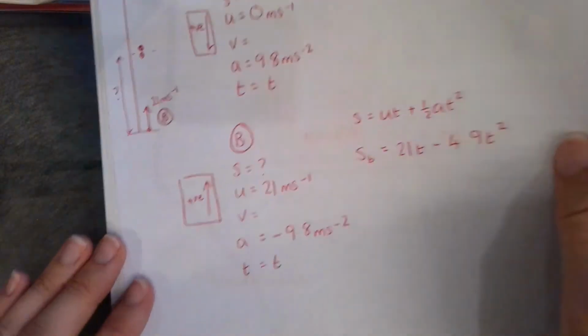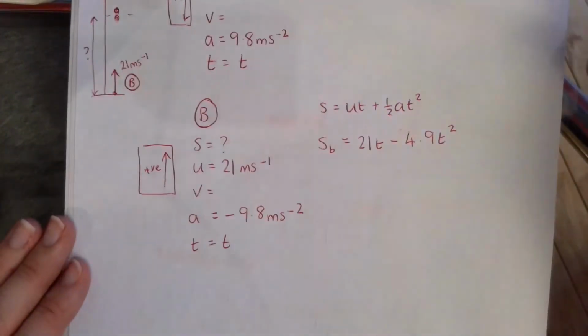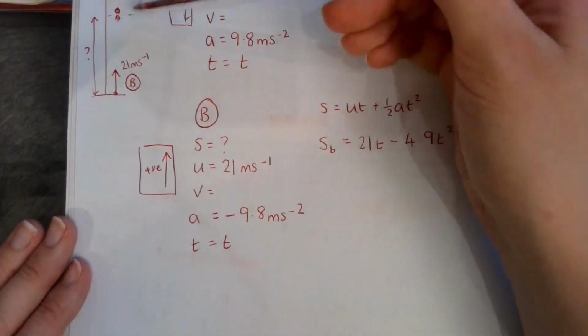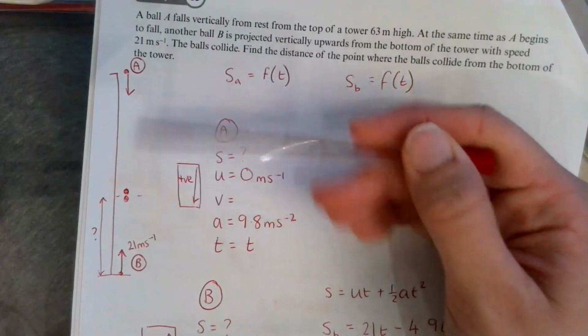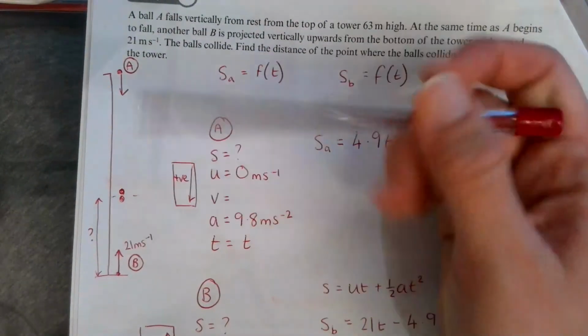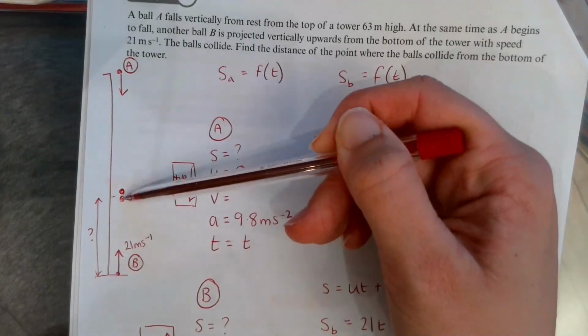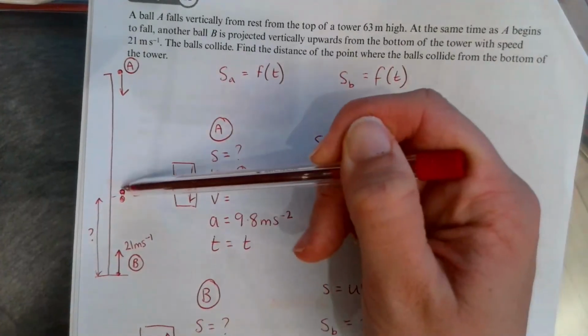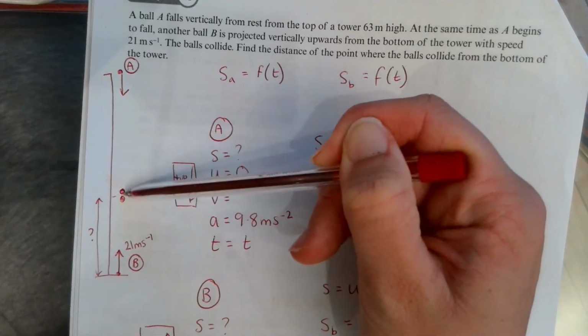What I want to know then is at what time is the displacement of A plus the displacement of B equal to 63. Because when the displacement of A and the displacement of B add together to make 63, that is the instant, that is the time that those two balls collide there in the air.